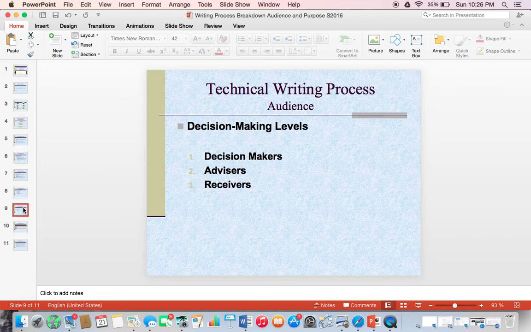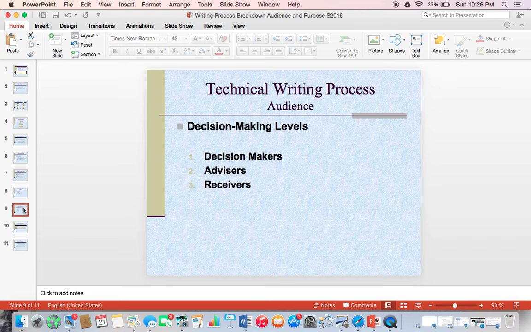You can have a manager as a decision maker. You can have an operator as a decision maker. There's also the advisors. These are the people who gather information and then give advice to the decision makers.